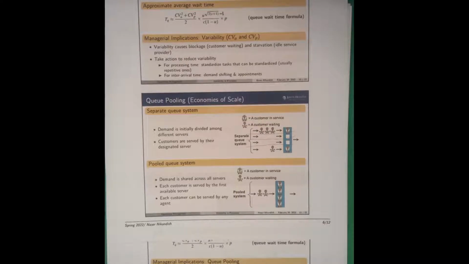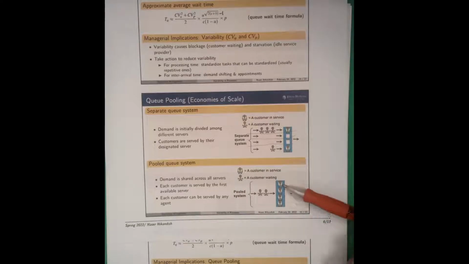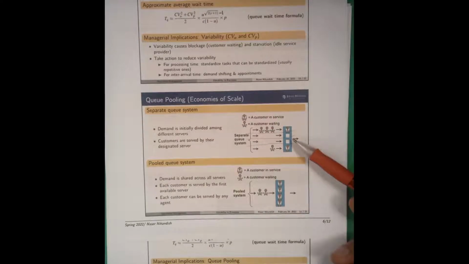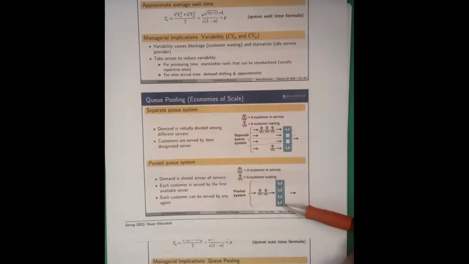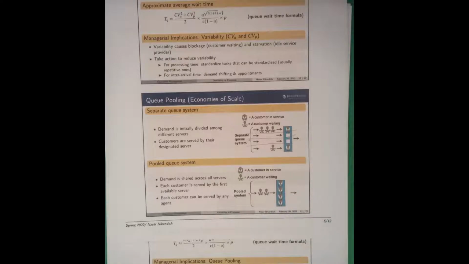All right, that's why all 4 servers right here are busy compared to here. Here 2 of them are busy and there are people in line, but here all 4 of them are working. As we are going to see, in pooled systems, on average, server utilization is the same as a segregated system.